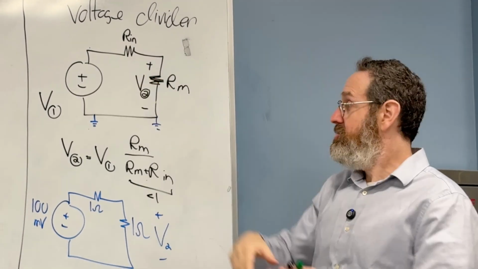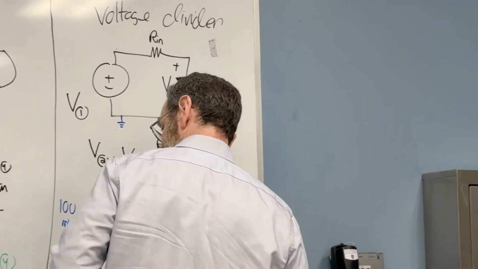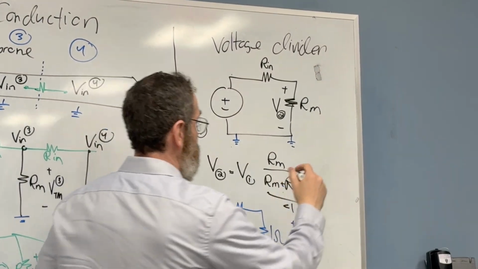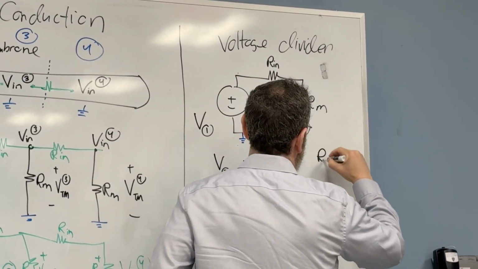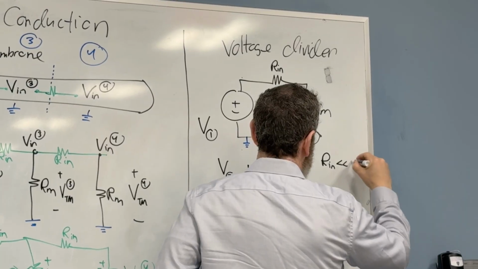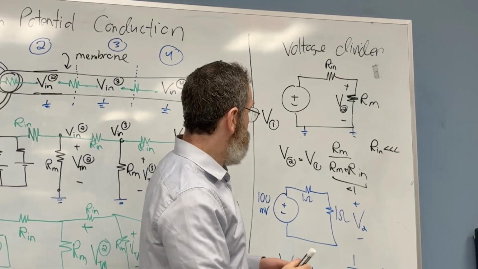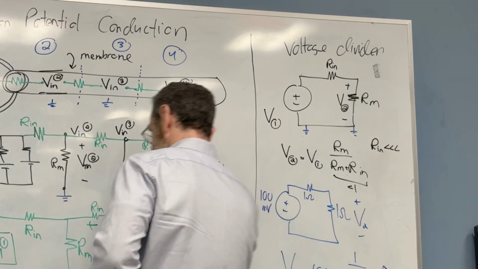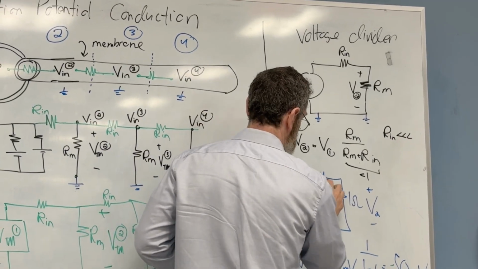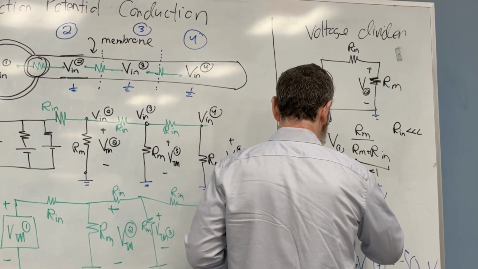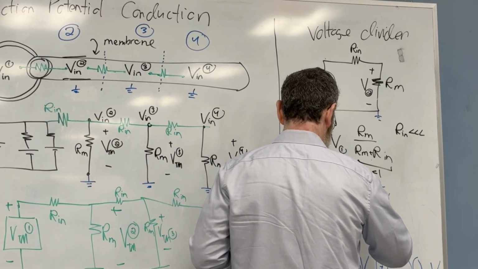Right. So let's go back to our discussion about voltage divider. If R in is very, very small, then what would happen? Well, let's do another example here. I'm going to use the same example, but now R in is about 0.01 ohm.